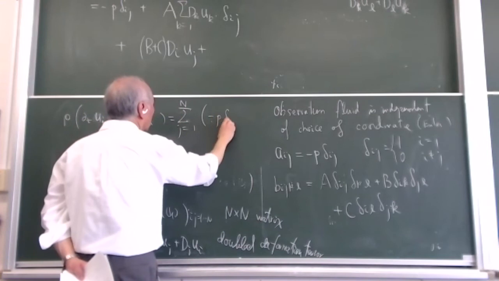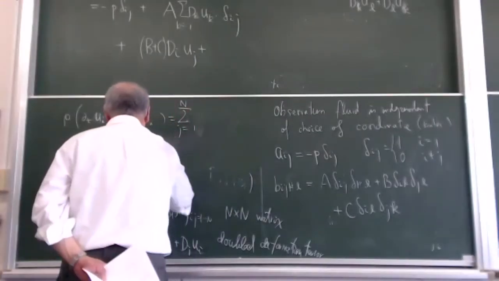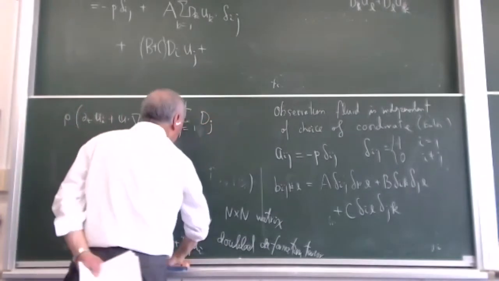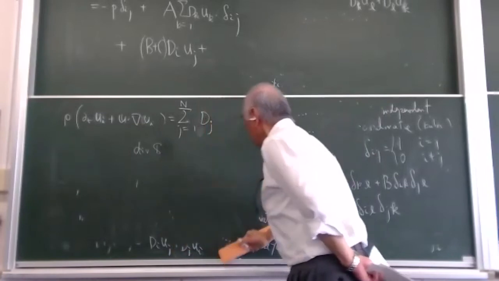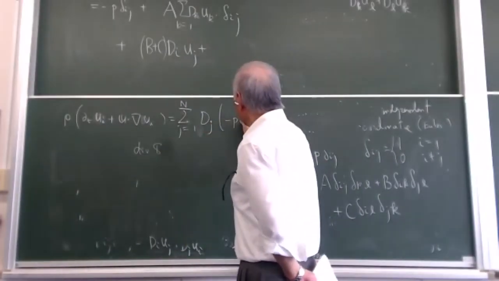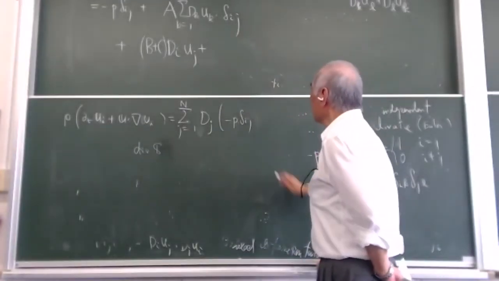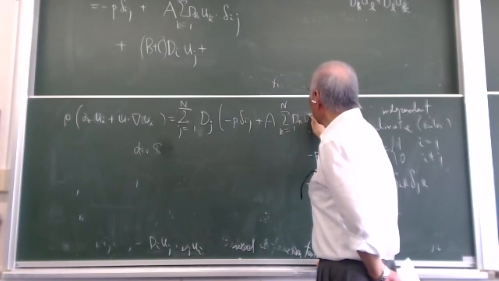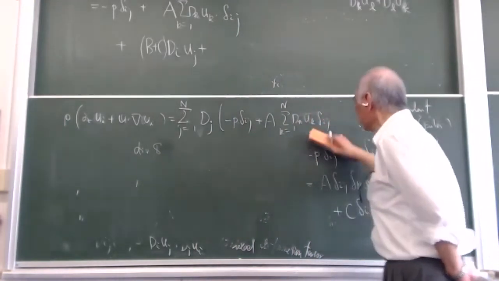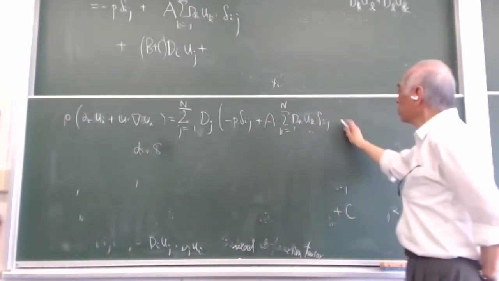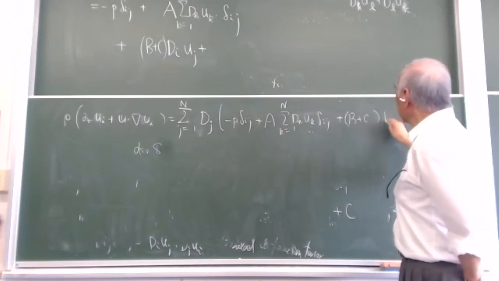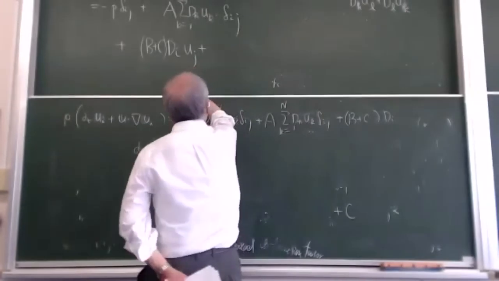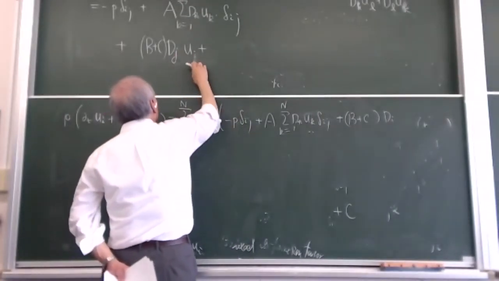S is now minus P. If you write it component-wise, this ij is minus P delta ij plus A, sum from 1 to N of dk uk, ij, plus B plus C, di, maybe so maybe this is ji.